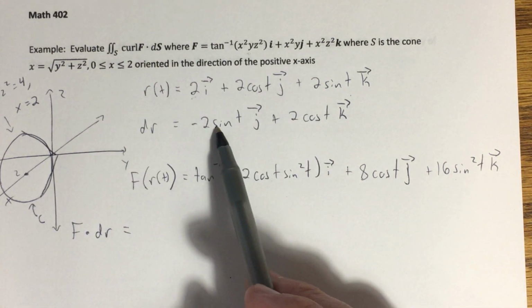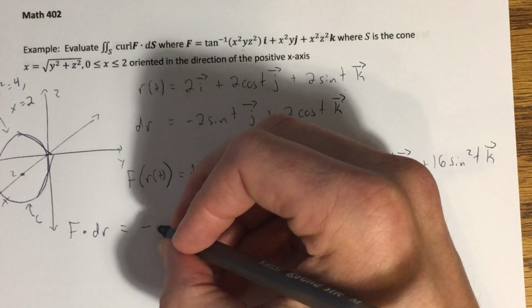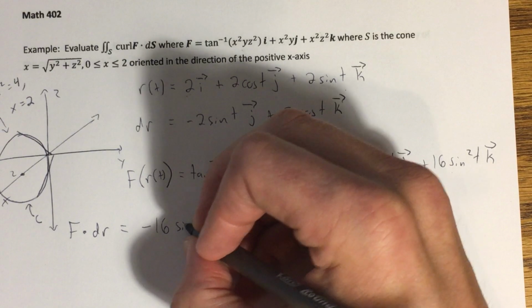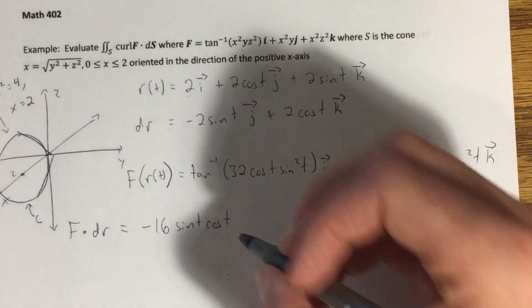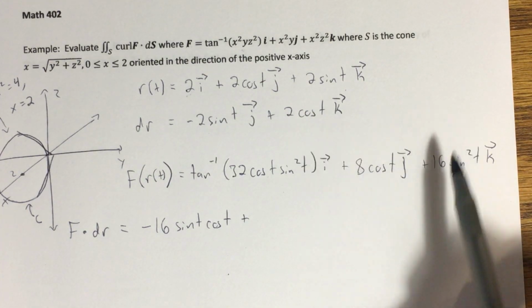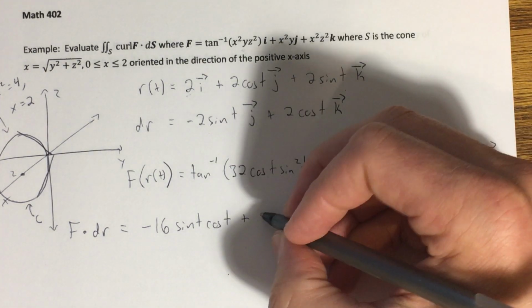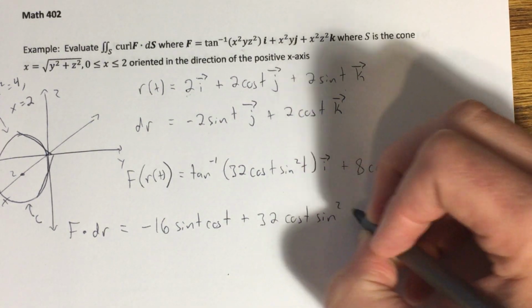That leaves me with -2 sine of t times 8 cosine of t, giving me -16 sine of t cosine of t, plus multiply the k components, 2 cosine of t times 16 sine squared of t. That would be 32 cosine of t sine squared of t.